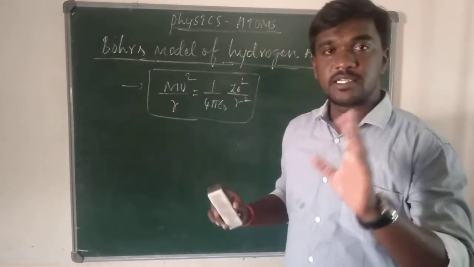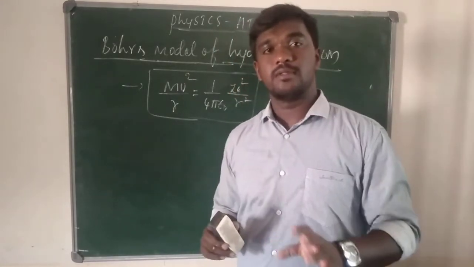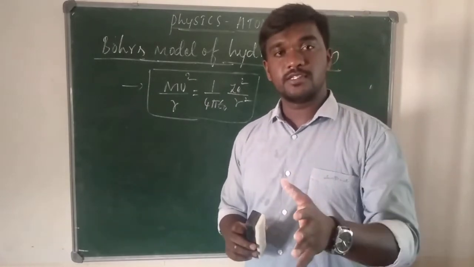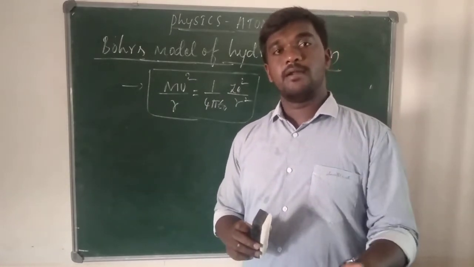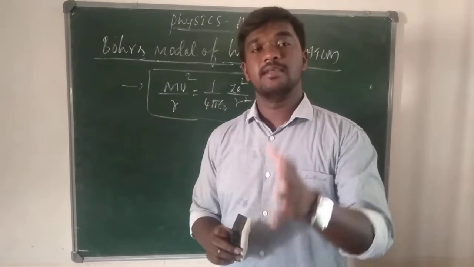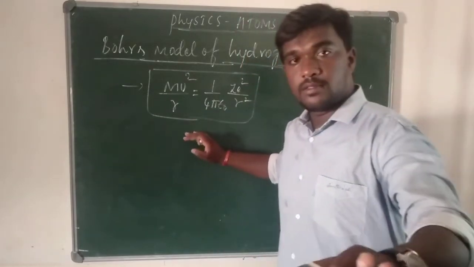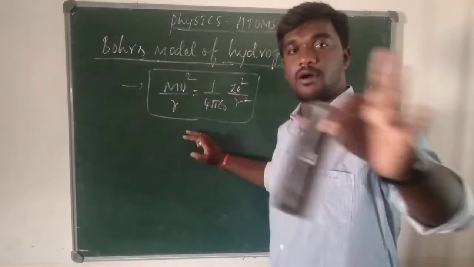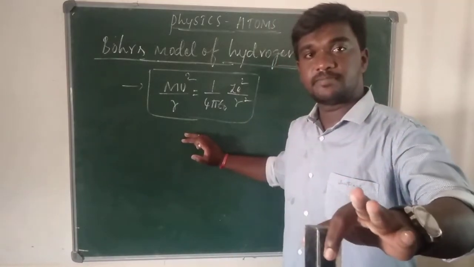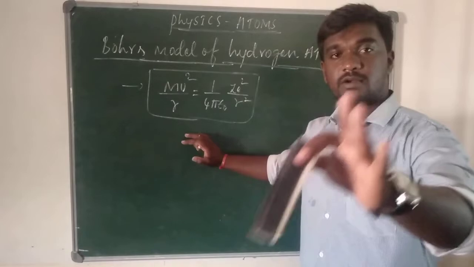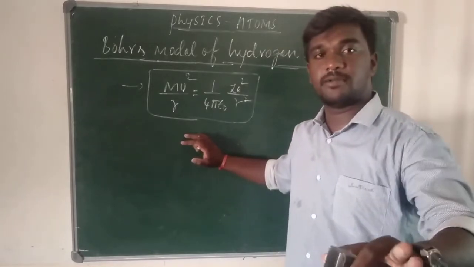Every atom consists of a central core, that is the atomic nucleus, in which the positive charge and the entire mass of the atom is concentrated, and the electron revolves around the nucleus in a circular orbit.